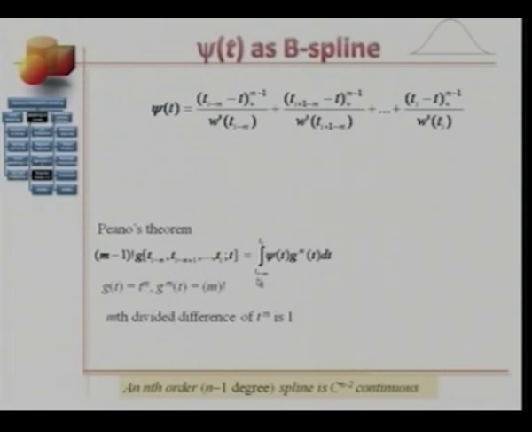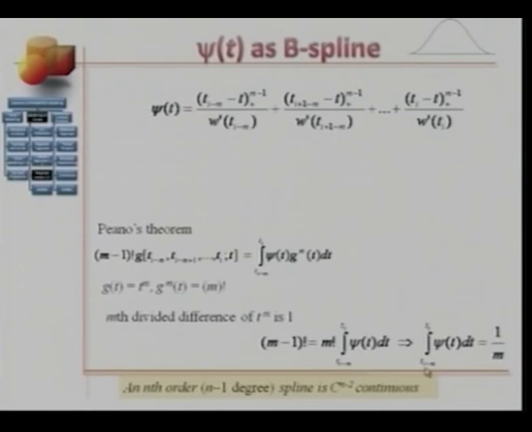Plugging this information into Peano's statement, we can see that (m minus 1) factorial is equal to m factorial times the integration from t_{i-m} to t_i of psi t dt, which implies the integration from t_{i-m} to t_i of psi t dt equals 1 over m.